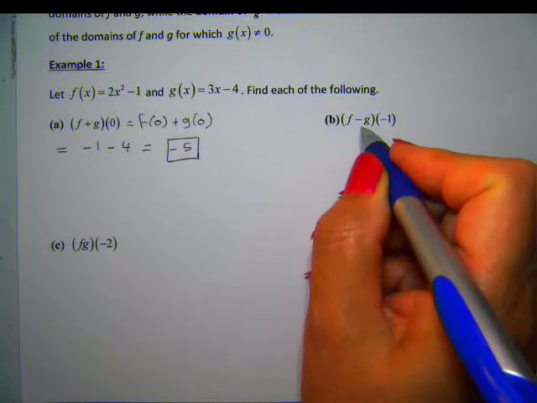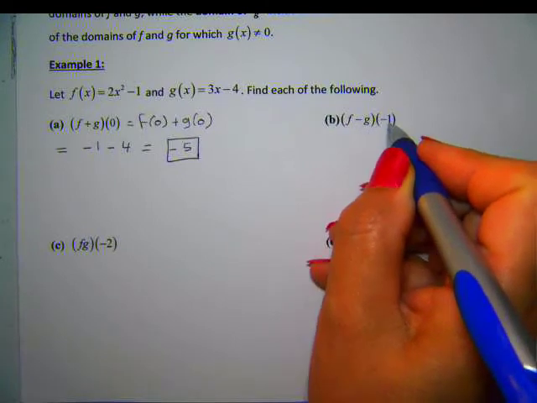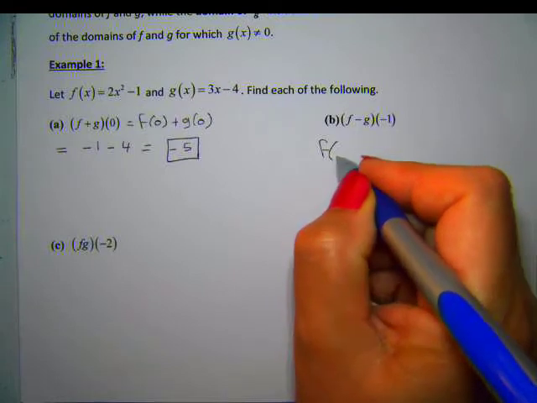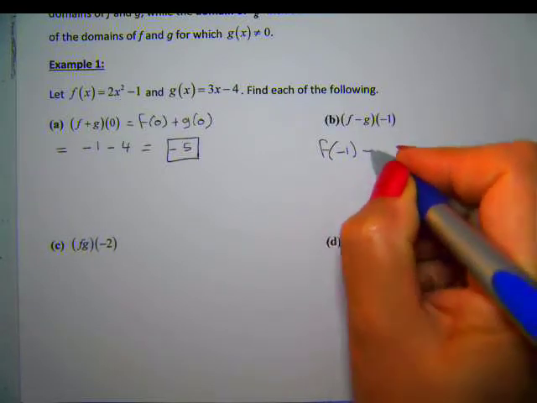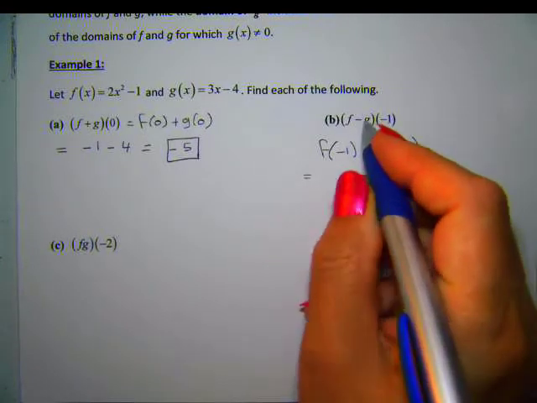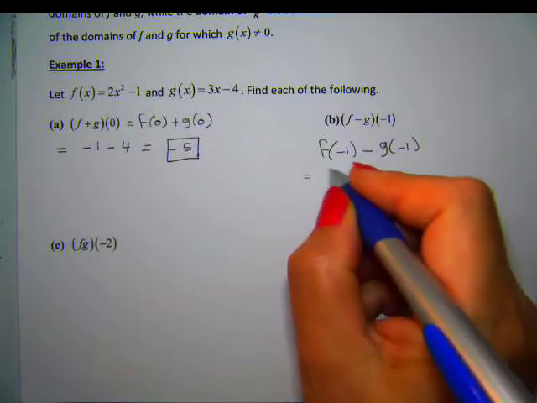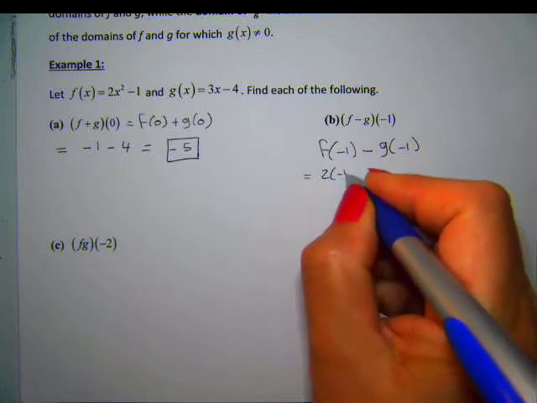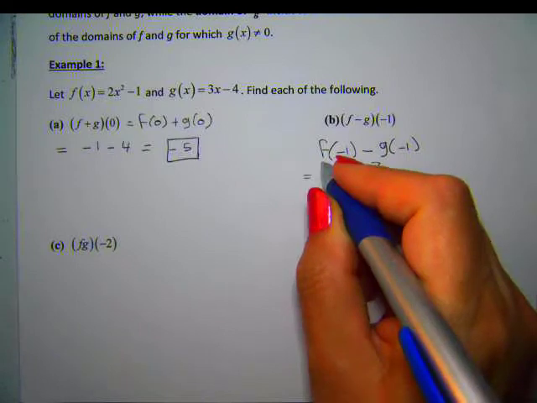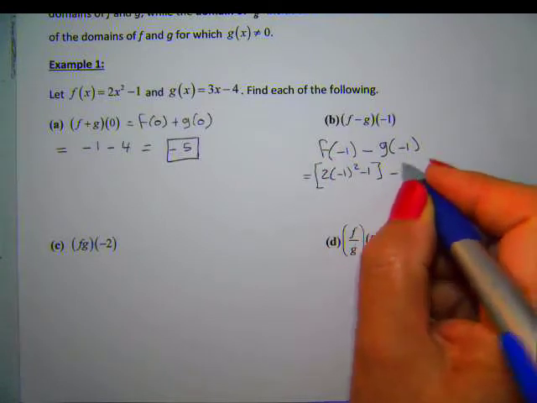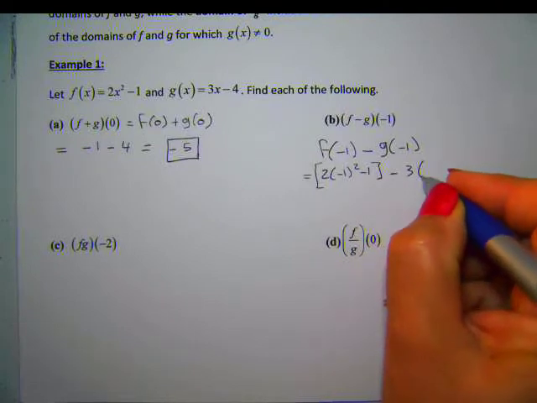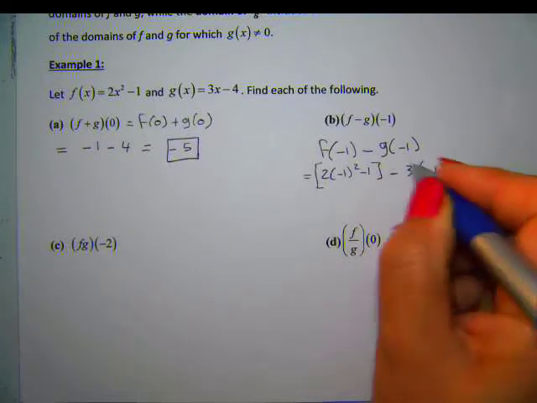f minus g of negative 1 is by definition f of negative 1 minus g of negative 1. f of negative 1 is 2 times negative 1 squared minus 1, and minus g of negative 1 is 3 times negative 1 minus 4.